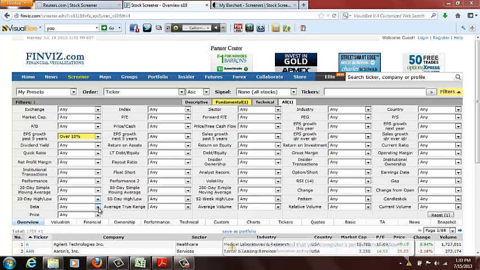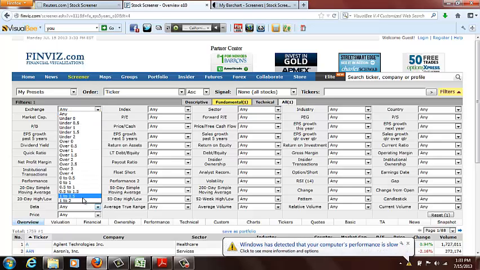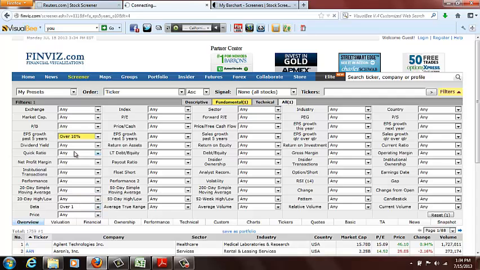So we're looking for one specific number, a beta of 1. We want stocks that are doing what the stock market is doing. And just to keep with that, over 1% will be fine.